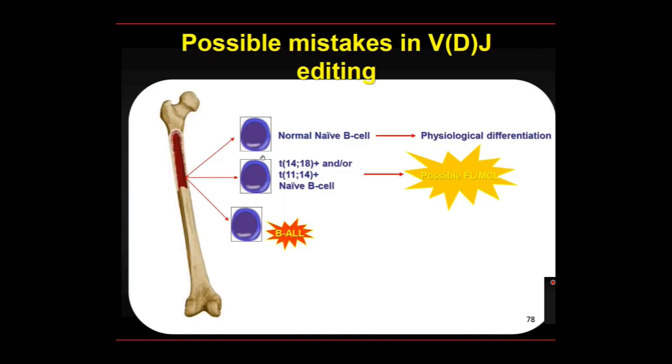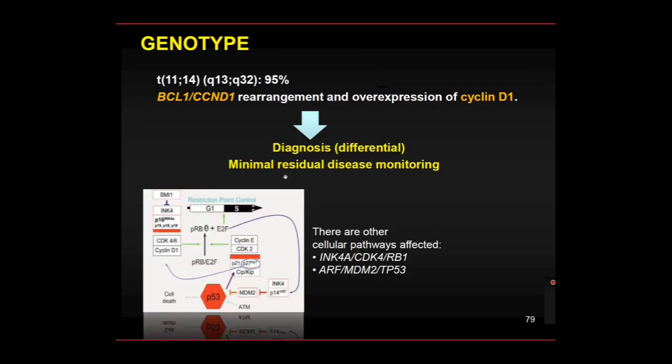Cyclin D1, like BCL2, is likely to be translocated due to a mistake in VDJ editing rather than later on. And in fact, this is a tumor resembling naive cells, so before germinal center reaction.